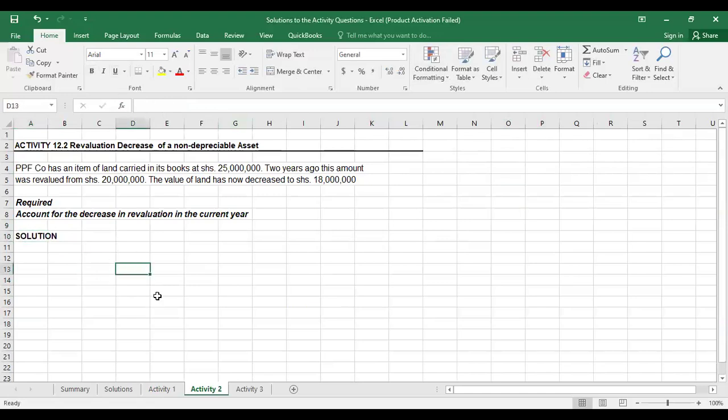So we are accounting for a decrease in revaluation of a non-depreciable asset.